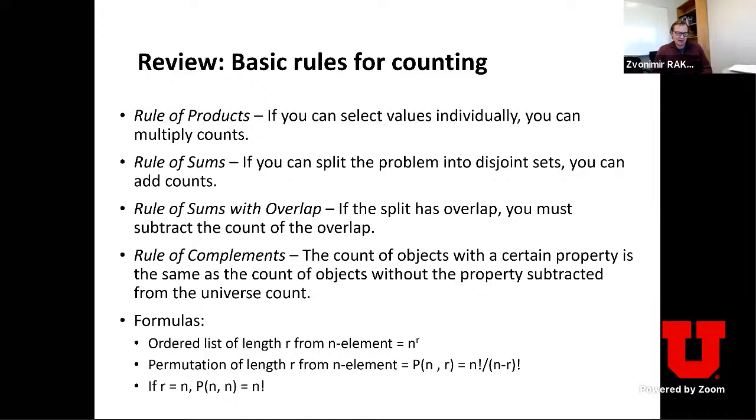And then on top of that, we introduced 4 different structures that we apply in counting. Those are ordered lists with repetition, permutations, combinations, and unordered list with repetition, or bag. So how do we decide which structure we have to use?